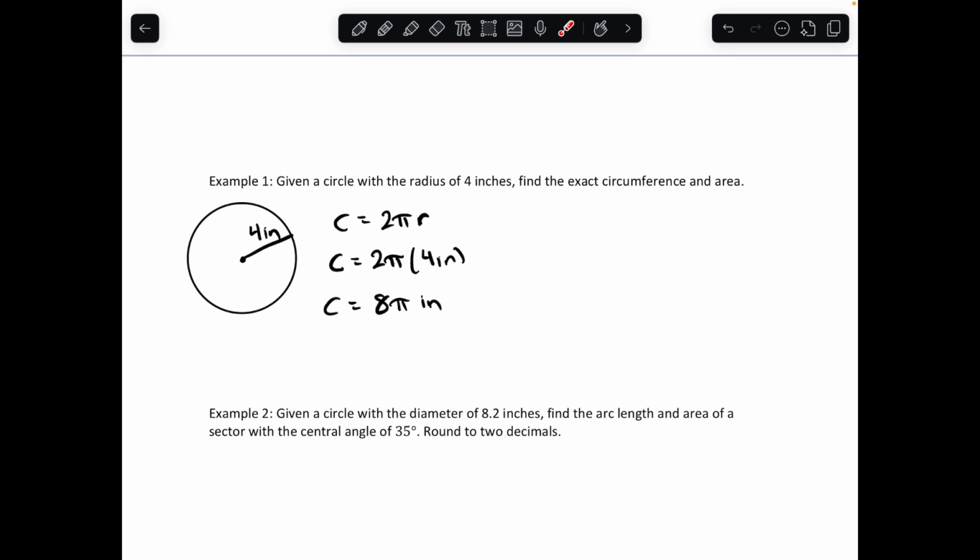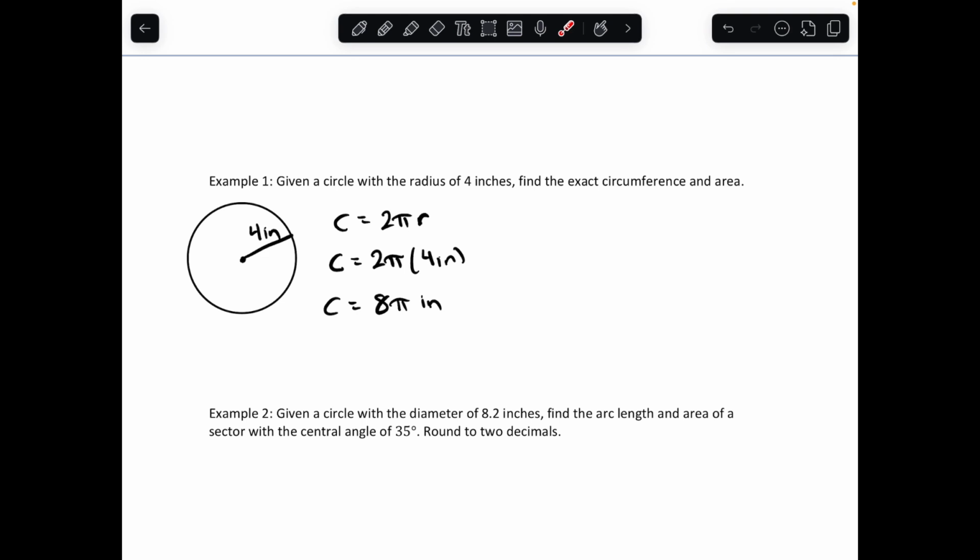At some point, it's going to chop it off, and I'm only going to look at 10 or 20 digits. While those digits that are being cut off are, for the most part, insignificant, technically, they're still important. If we truncate it, we're not going to get the exact value. To avoid that, we just leave it as 8 times pi.